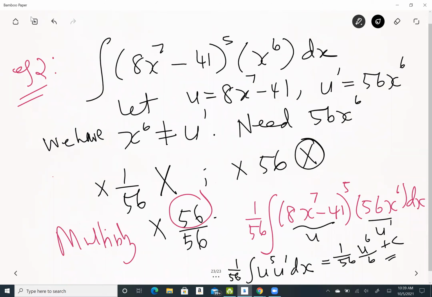I give you another equation. We do another example.